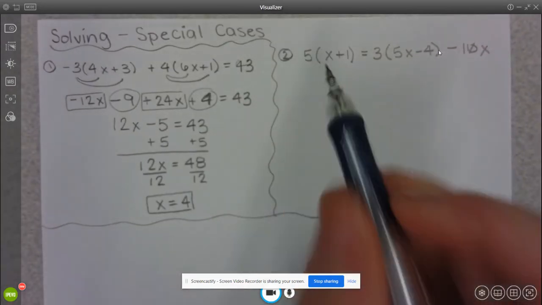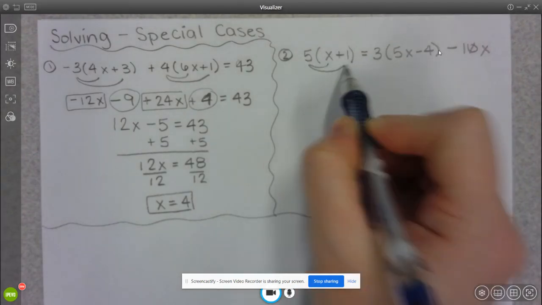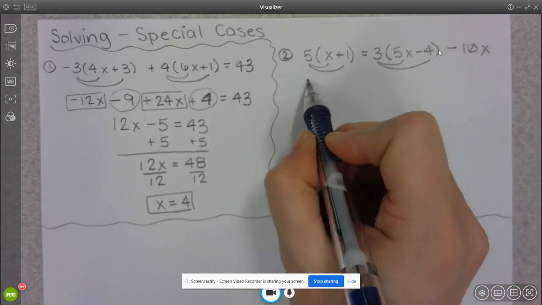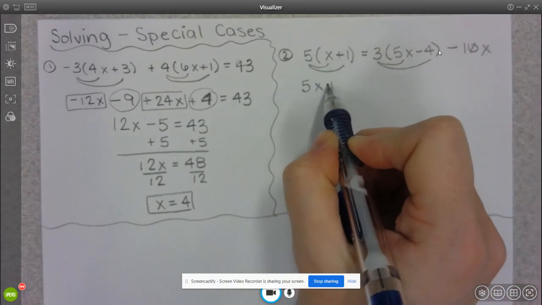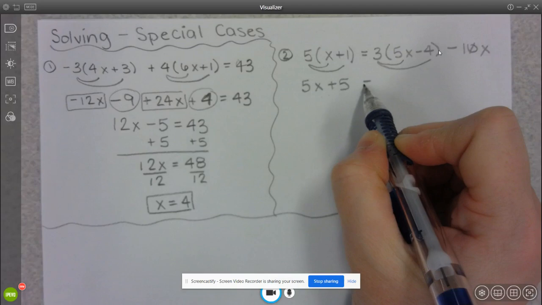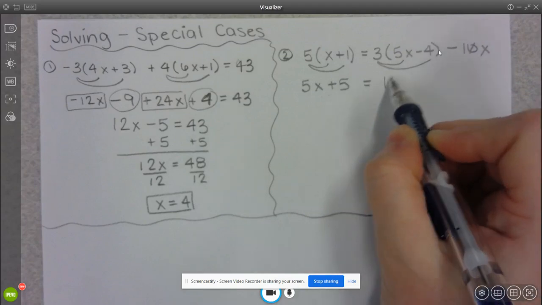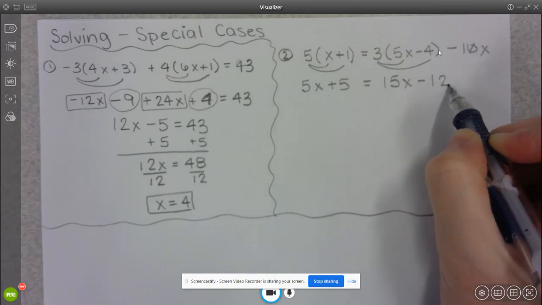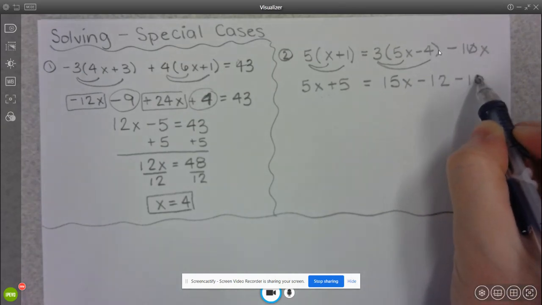So I'm going to go ahead and do my distribution, and I'm going to distribute in both sets of parentheses. So this is going to give me 5x plus 5 being equal to 15x minus 12 minus 10x.